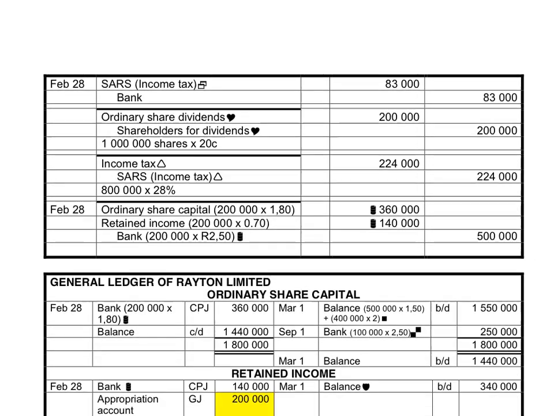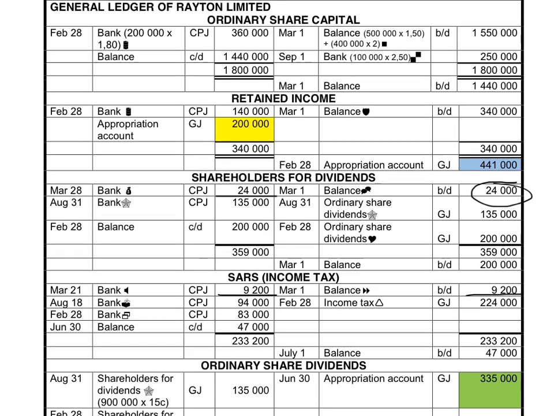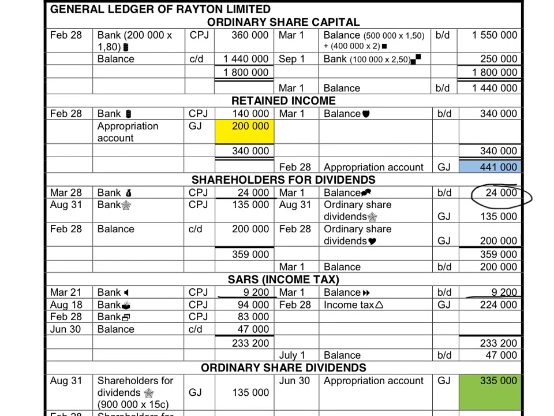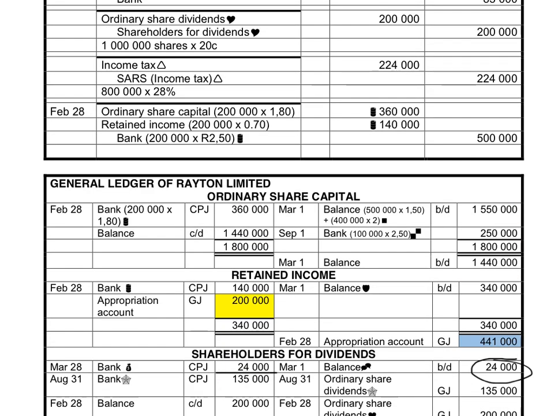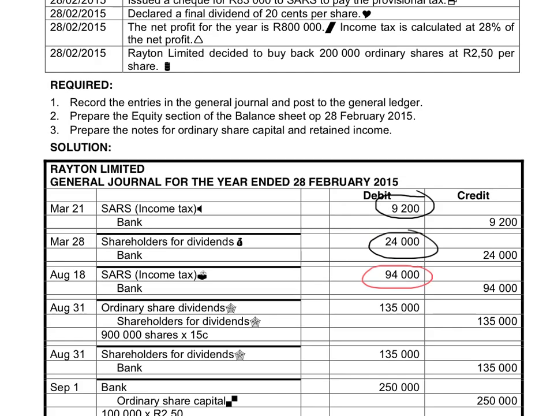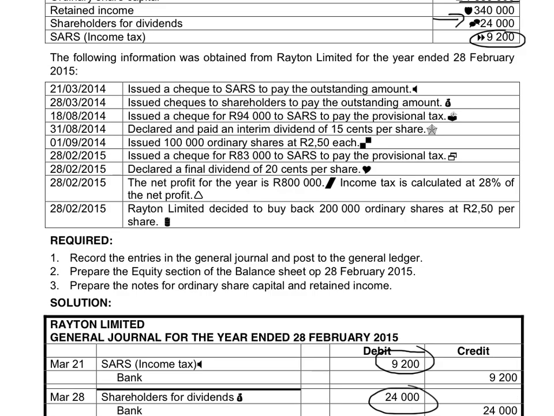In the ledger, I will also show that SARS is debited with 94,000 as the money that we pay to them to reduce the debt of income tax that we've already made during the first 6 months of the year. On the profit, we have to pay the income tax for the first 6 months.